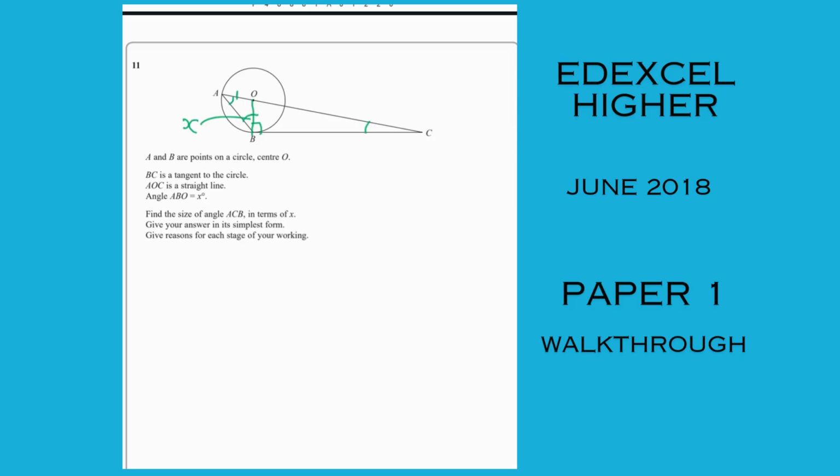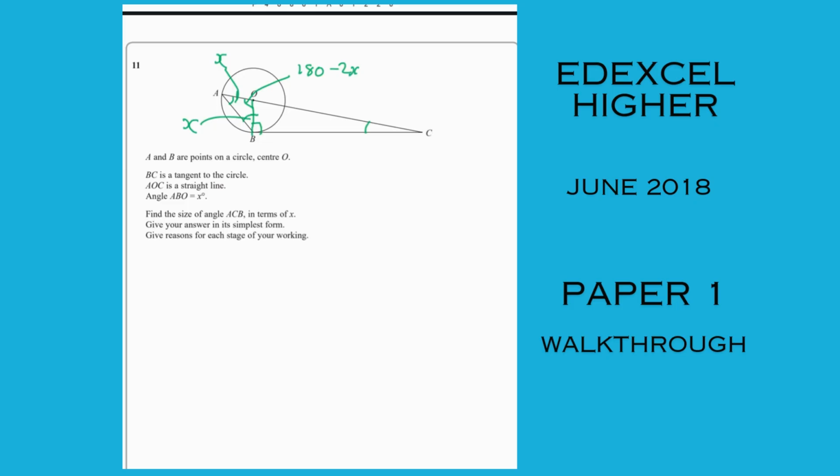So the angle OAB, that's also X. That means that the angle here, AOB, because angles in a triangle make 180, the angle on the left of this radius, AOB, is 180 minus 2x.